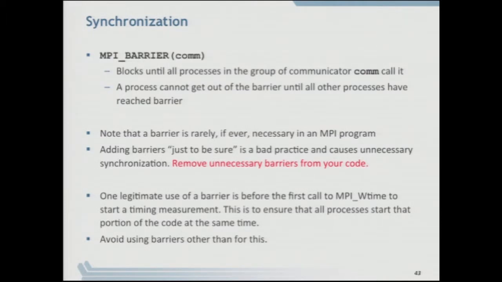It can be a performance problem because you're unnecessarily synchronizing your code by inserting these barriers. The first thing you should do is look at your code and remove any unnecessary ones. For debugging purposes, it's fine. If your code is not running and you want to get to a known state, fine. But if you're running in production, remove all these unnecessary barriers in your code.